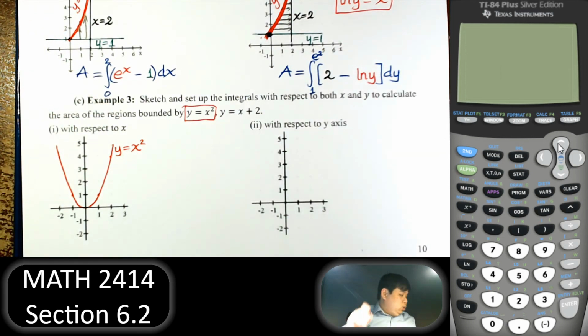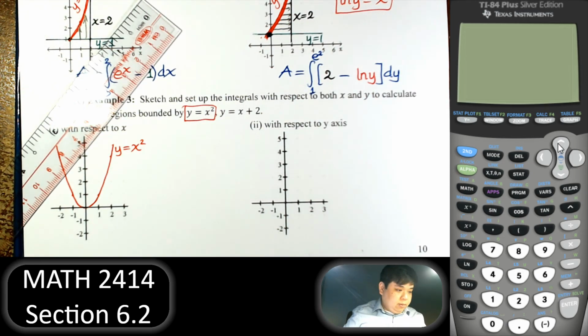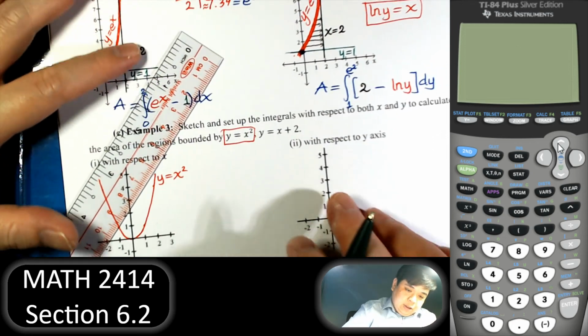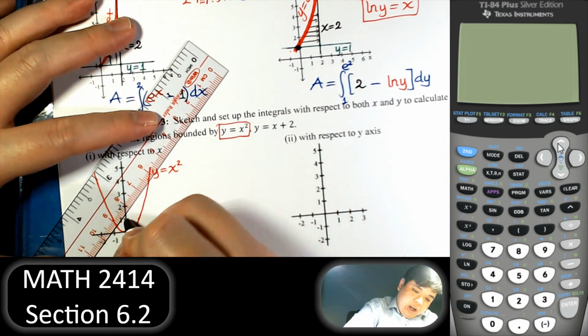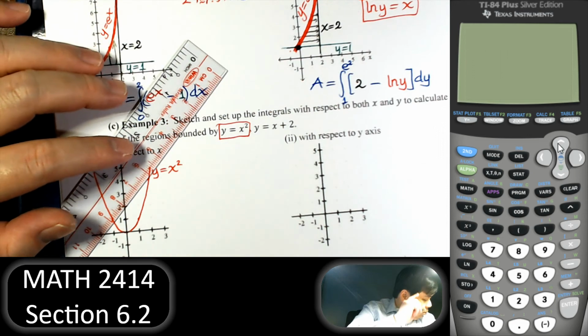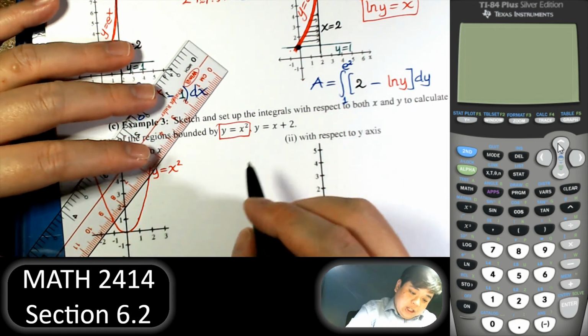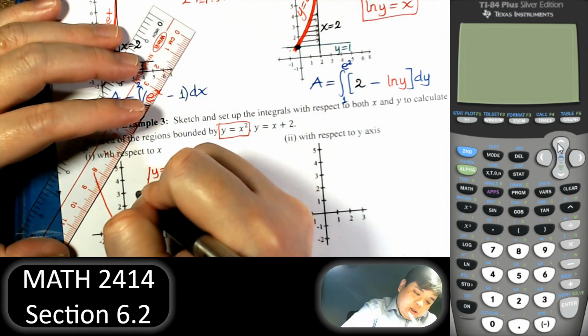And then x equal to 2. When x equal to 0, y equal to 2, when x equal to 1, y equal to 3, and so on.